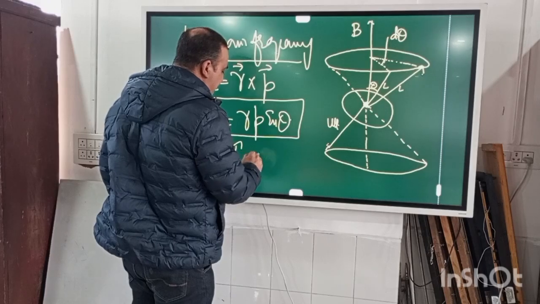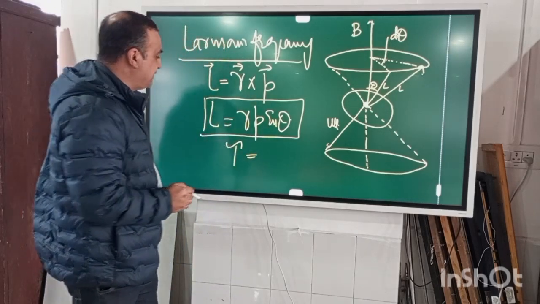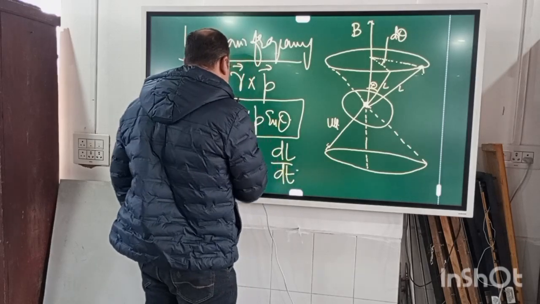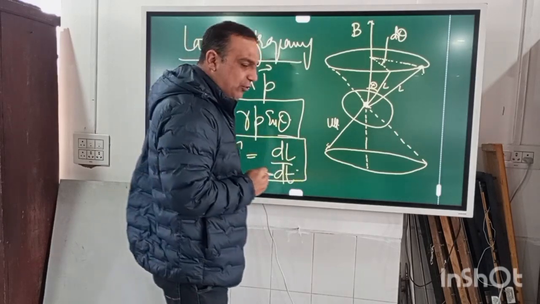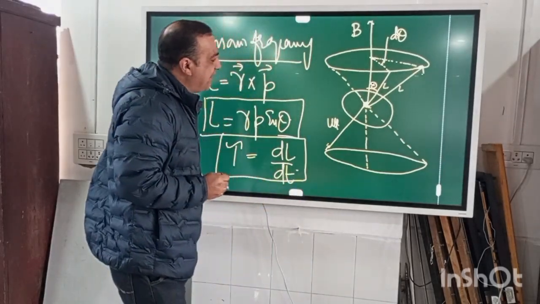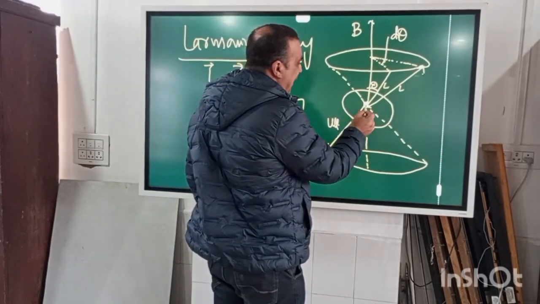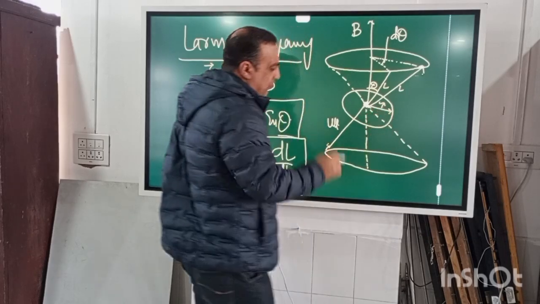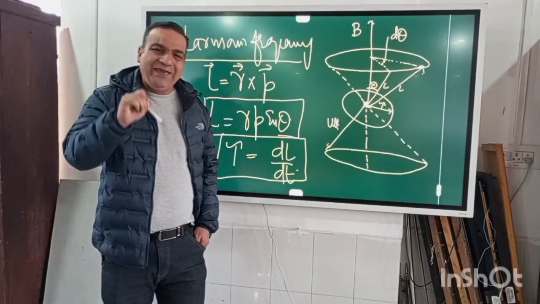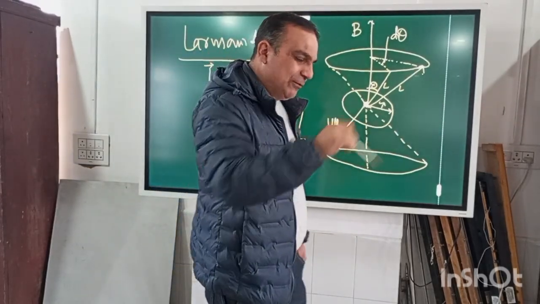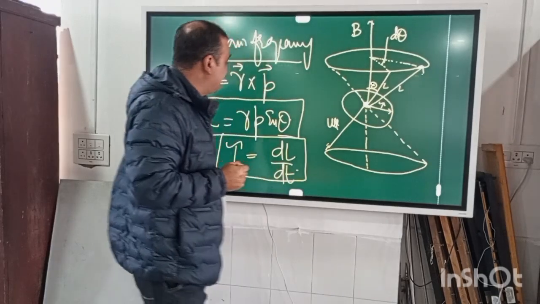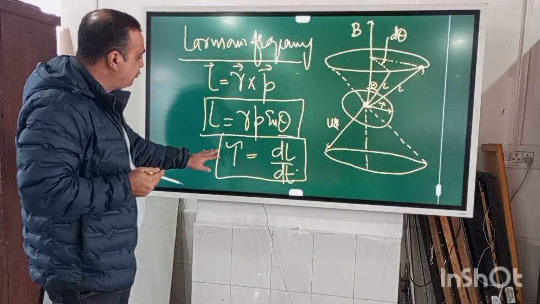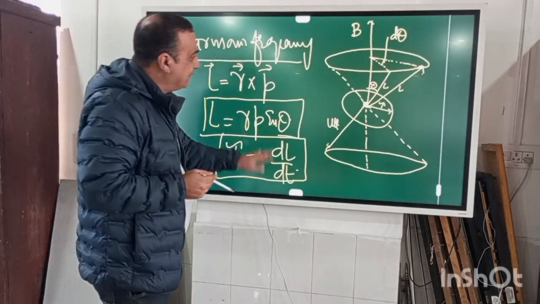As we know from basic classical physics, torque is the rate of change of angular momentum, and that torque will be perpendicular to the plane in which this electron is moving, as far as the direction of the torque is concerned. So we have torque equal to dL by dt.